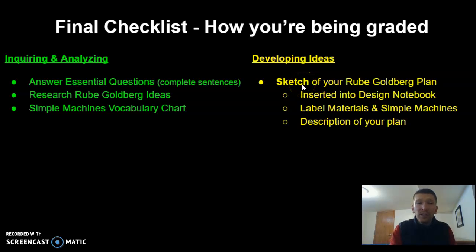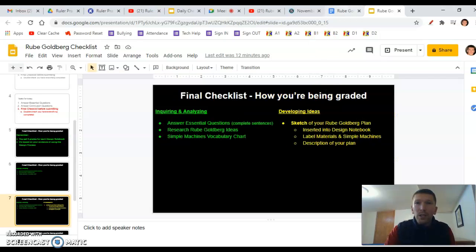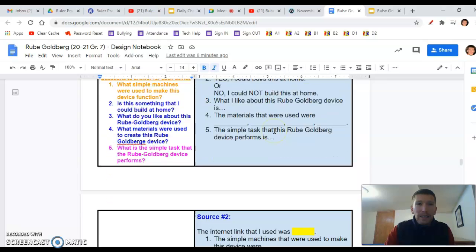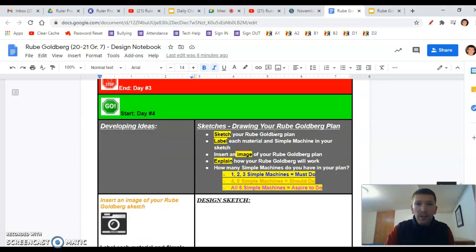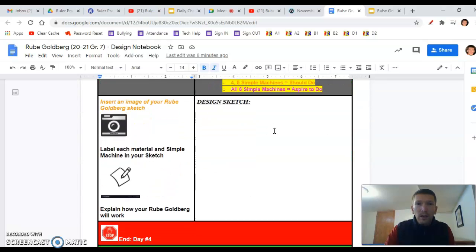You should have made a sketch of what you're going to plan and build, and in that sketch you should have also labeled the materials that you're going to use and the simple machines, and then have a little description of your plan. When we grade your developing ideas grade, we're going to look at your design notebook right here and hopefully see that you inserted your sketch right here.